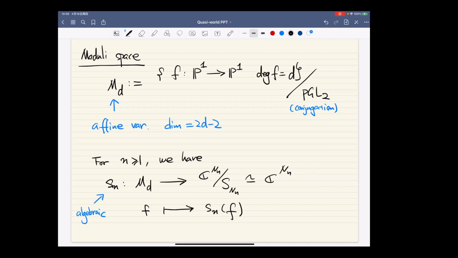The map sends f to the nth multiplier spectrum of f, and all these definitions are algebraic, so we can imagine that this S_n is in fact an algebraic map.